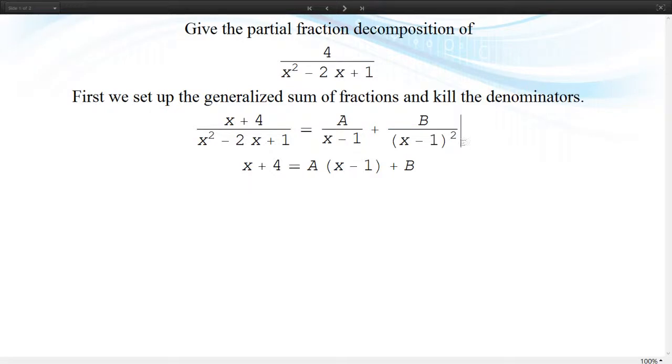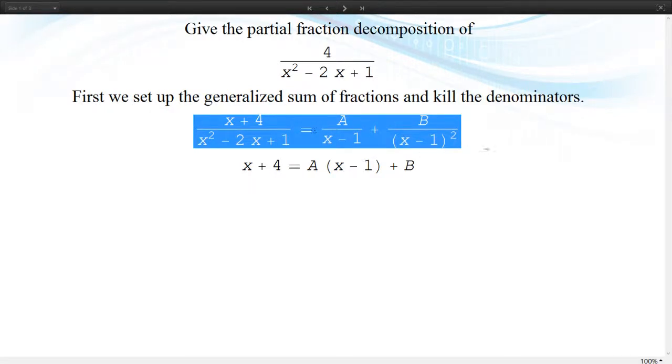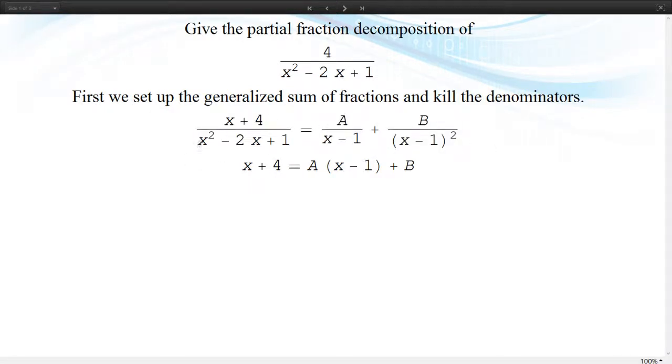And this will be our proper form for our generalized sum. If we had had x minus 1 cubed as a factor of the denominator, we would have an x minus 1 fraction, an x minus 1 squared fraction, and an x minus 1 cubed fraction. Basically, we have to represent every power up to the highest power that occurs in the denominator of our original fraction.